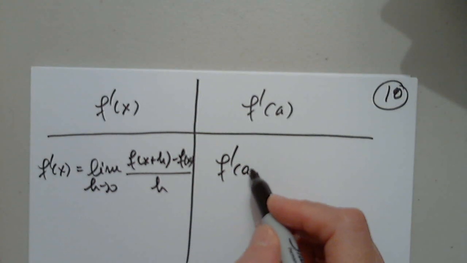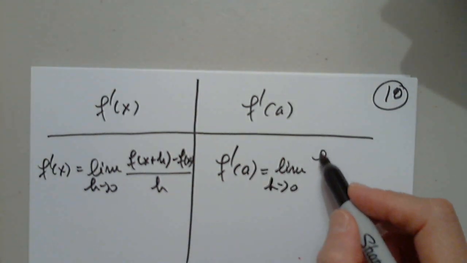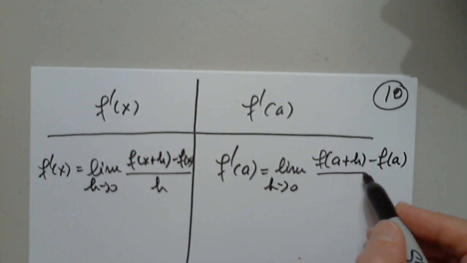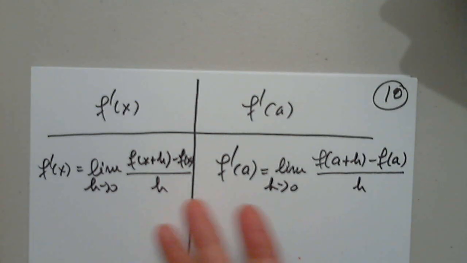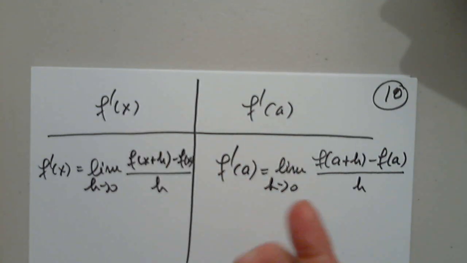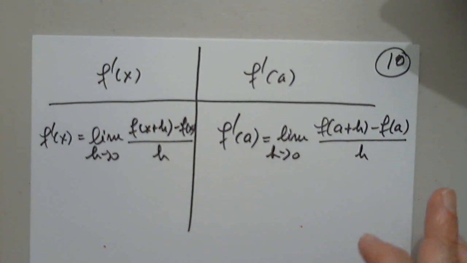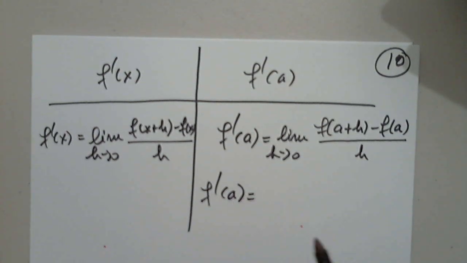So f prime of a equals the limit as h approaches 0 of f of a plus h minus f of a divided by h. So there is no difference here. It's the same thing. Just from the very beginning, replace x by a. There is one more. There is another definition, which is f prime of a.